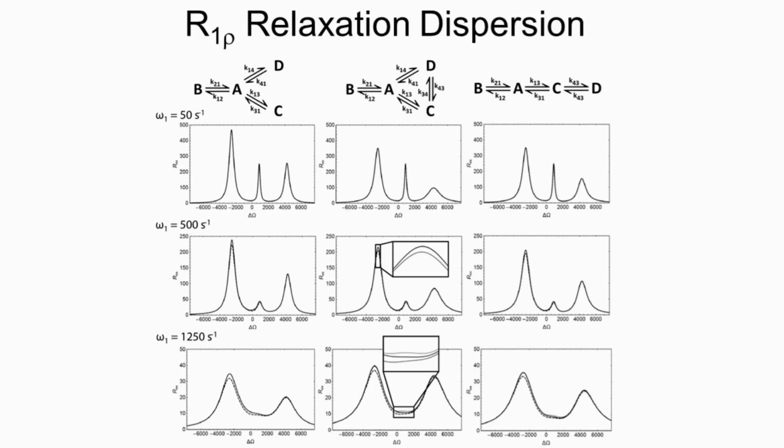But then as the parameters change, the peaks start to merge with each other. And you can see in the bottom row, we couldn't distinguish really that there was a 4th state. The system starts to look 3-state-like.